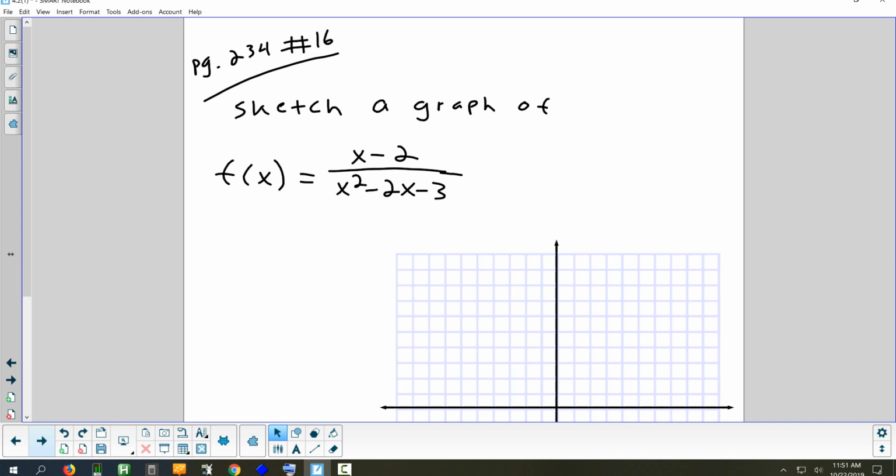Where's your X-intercept here? Should be at 2, as long as 2 doesn't cause you to divide by 0. 2 squared is 4, minus 4 is 0, minus 3, now you're good. So 2 will be your X-intercept.